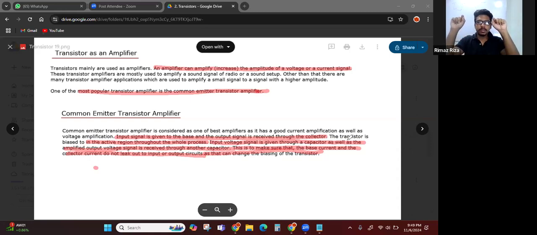But if this one saturates while the input is still increasing, it is a kind of disturbance, right? It won't give the exact variation. We want the frequency not to change, and the same variation should be there; we only want to amplify. Therefore the entire process should be within the active region, because within the active region, IC is proportional to IB.